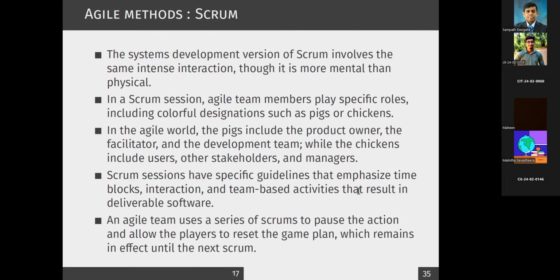So in Scrum sessions, you have some guidelines, and it emphasizes time blocks, interaction, and team-based activities. An agile team usually uses a series of scrums to pause the action and allow the players to reset the game plan, which remains in effect until the next scrum.